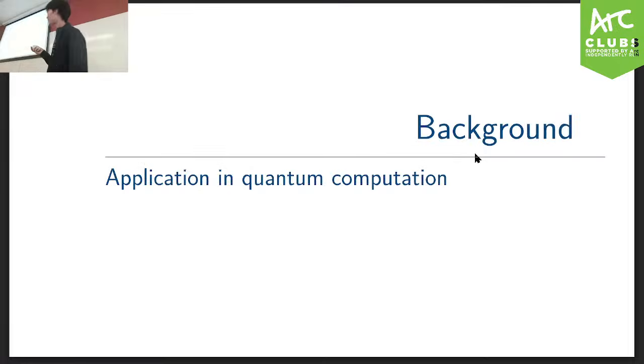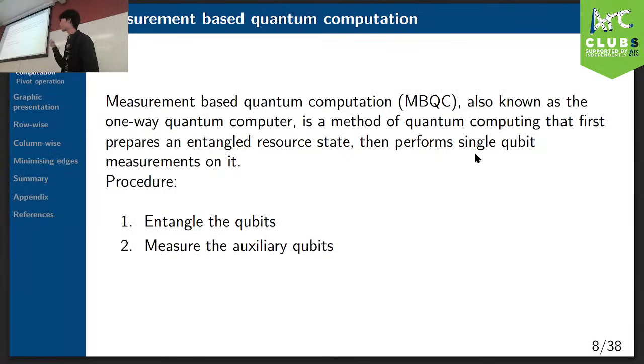But first, some background. It's very vaguely related to a concept in quantum computing known as measurement-based quantum computing, where what you're trying to do is entangle some qubits, and this is going to be represented by some graph state. And by measuring the results of some qubits, this is how you get it to do stuff.